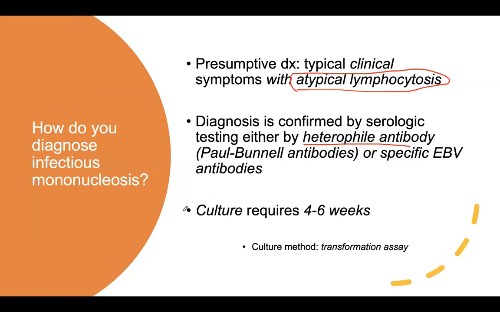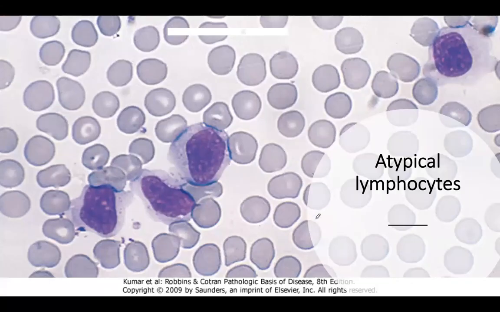So in your Paul-Bunnell test, you're going to test for agglutination of the sheep's RBC. Here, this is what's found in your textbook in Robbins. This is the atypical lymphocytes. Question: what is the specific name for these lymphocytes? In infectious mononucleosis, what do we call these bodies?